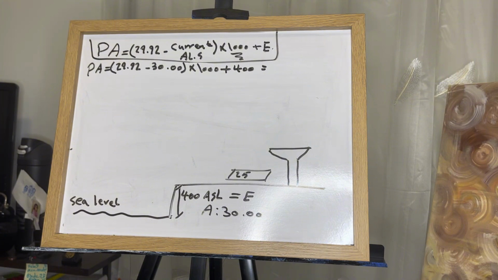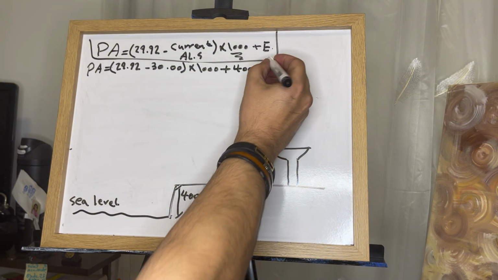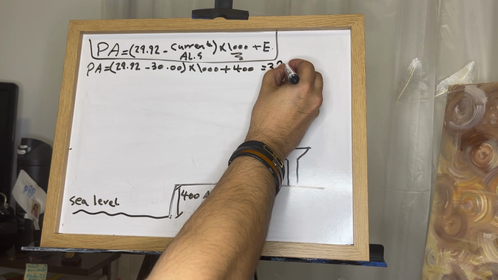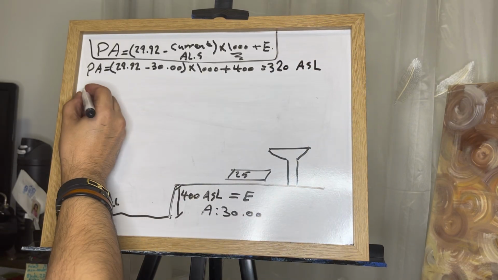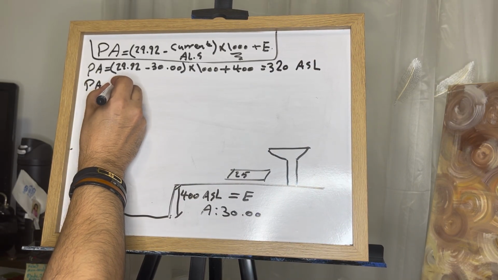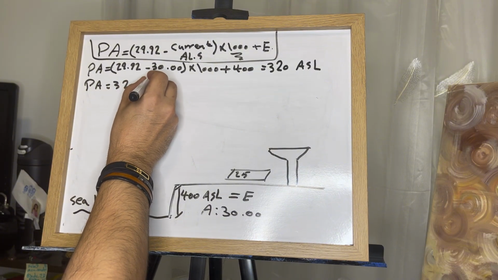Okay, 29.92 minus 30.00, multiply by 1000, plus elevation 400 feet. That gives 320. So the pressure altitude at this station equals 320 feet above sea level.